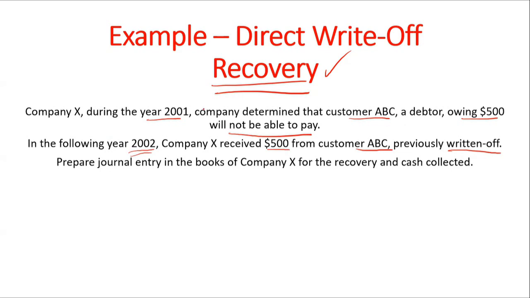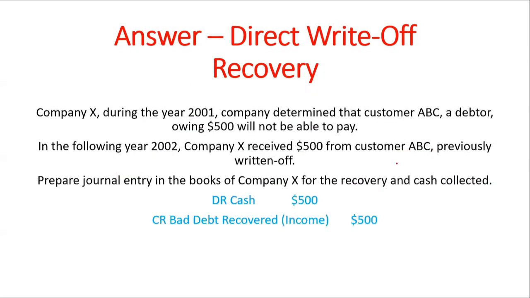We will prepare the journal entry in company X's books for the recovery and the cash collected. The answer would be: debit cash $500 and then credit bad debt recovery income $500. This is the entry for recovery and cash collected under the direct write-off method.